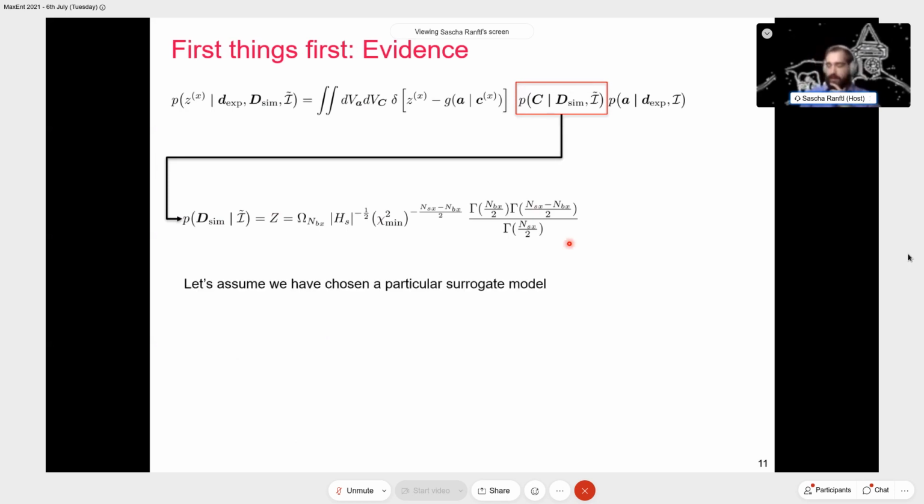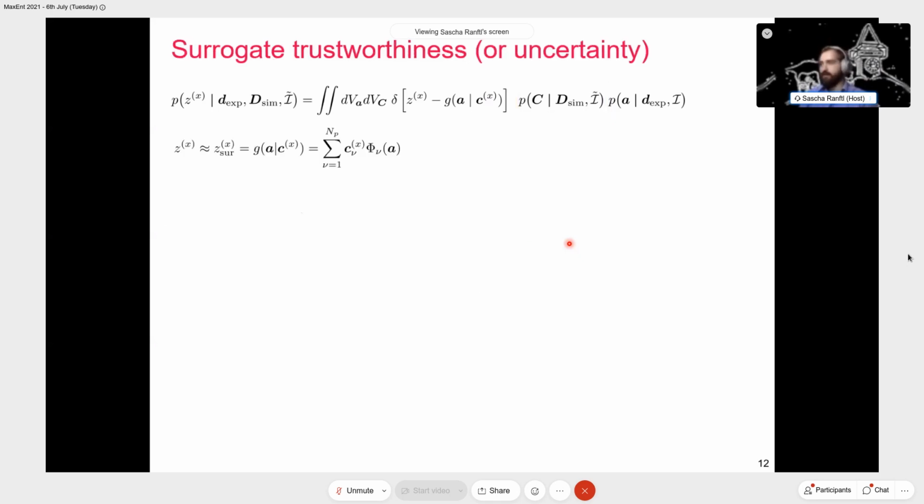Let's assume that we have chosen a particular surrogate model according to a model comparison based on these evidence values. Now, having chosen the surrogate model, what is the trustworthiness of this surrogate? So let's get back to our basic equation that we're talking about now for some 10 minutes or so.